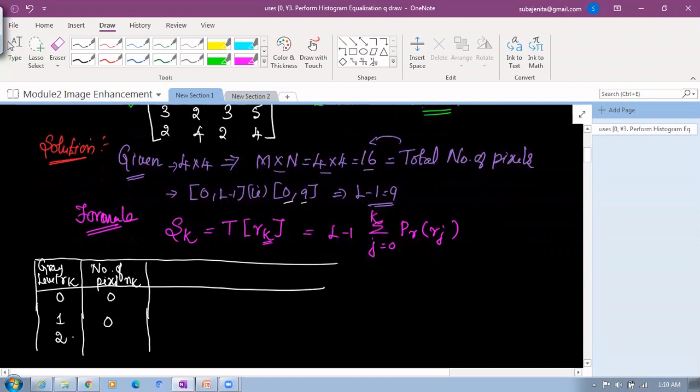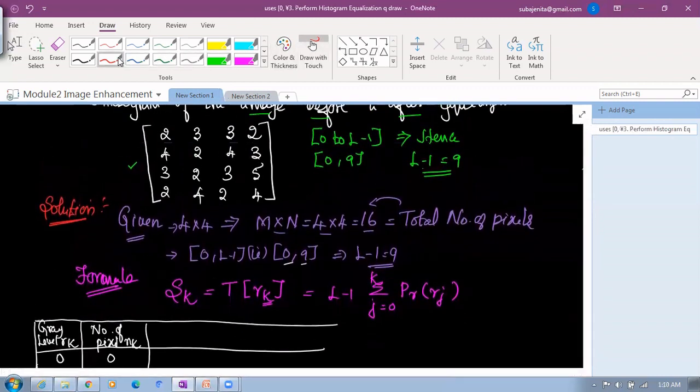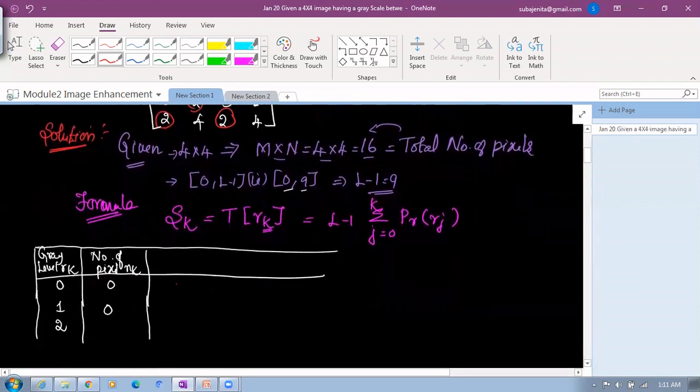Then let us check for the grayscale 2. The number of occurrence for the grayscale 2, you can make a note of it here. That is 1, 2, 3, 4, 5, 6. So the number of times a particular gray level 2 has occurred is here 6. Let me continue.